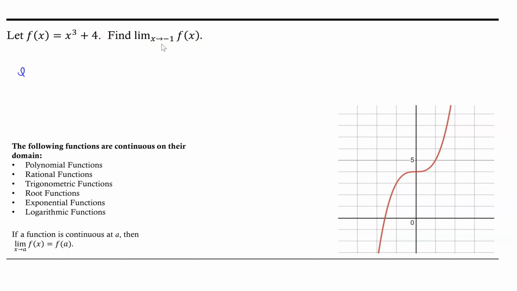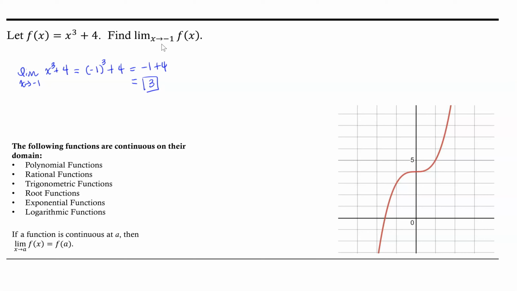So the limit as x approaches -1 of x cubed plus 4 is equal to the value I get when I substitute in -1. So that's going to be equal to -1 cubed plus 4, or -1 plus 4, which is equal to 3.